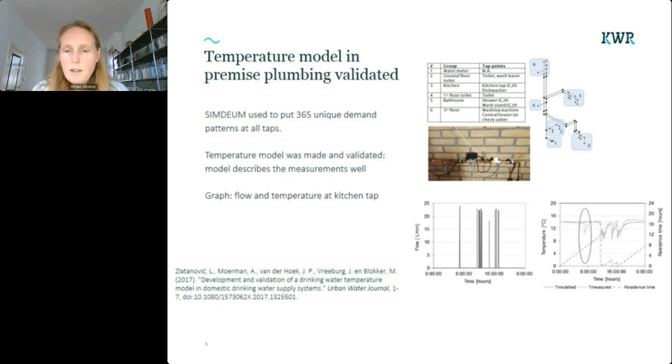There were some unexplained results, but generally they look very similar, and the model was validated this way. Some other measurements were also done, like microbial qualities, and that's a different model. I'm not discussing that today.